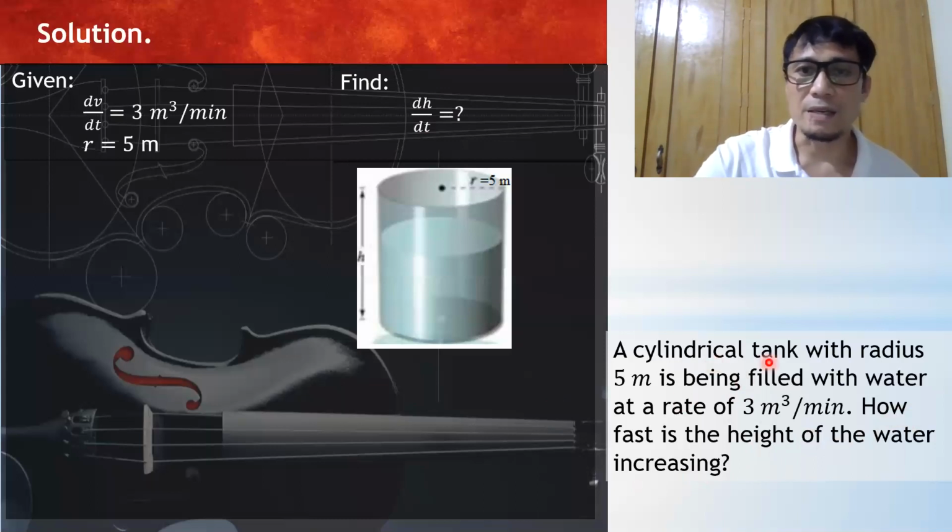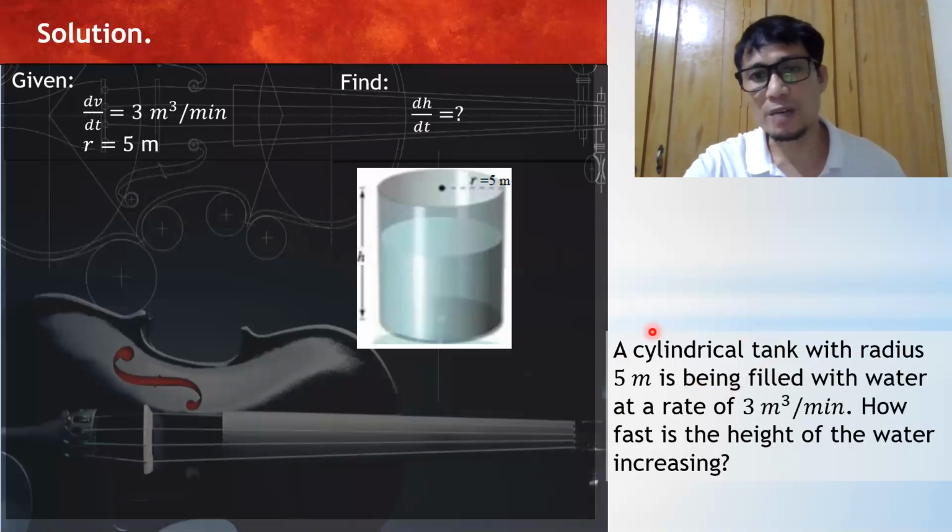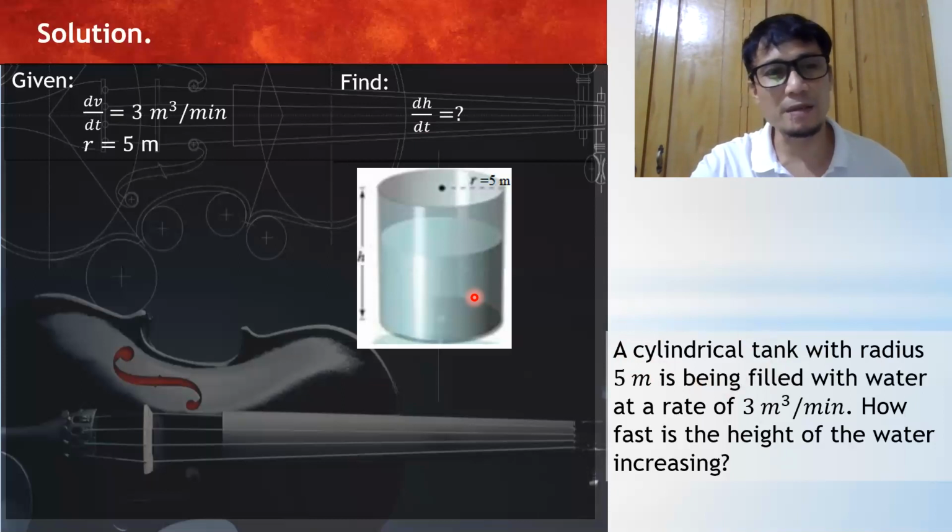Again, we want an expression that we can utilize here, since we have a cylinder. This is a cylindrical tank. From your geometry again, what is the volume of the cylinder?